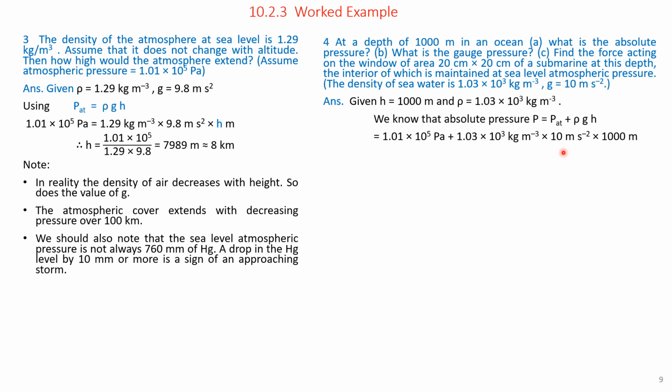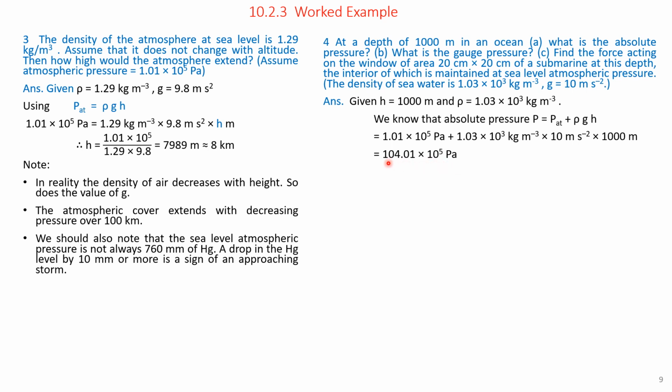So substituting the given values, we get Pa as 1.01 into 10 to the power of 5 pascals, plus 1.03 into 10 to the power of 3 kg per meter cube into 10 meters per second square into 1000. Height is 1000 meters. So we get this value simplifying as 104.01 into 10 to the power of 5 pascals.